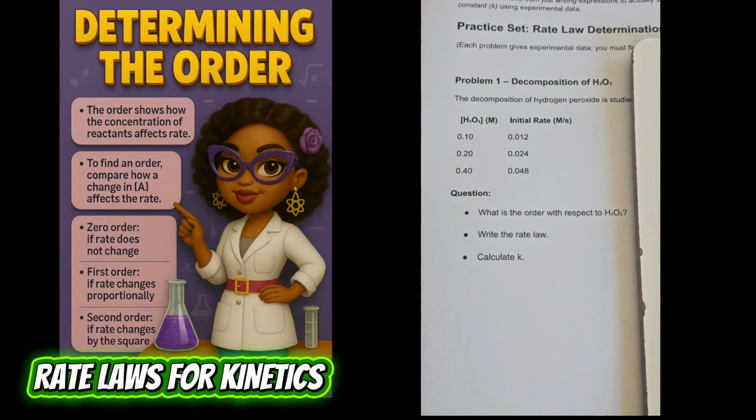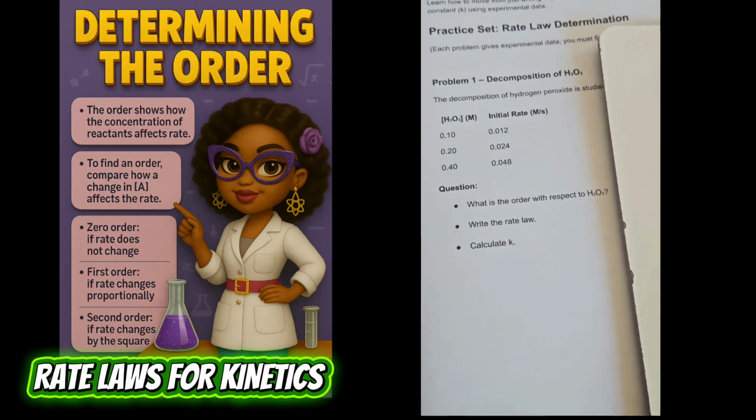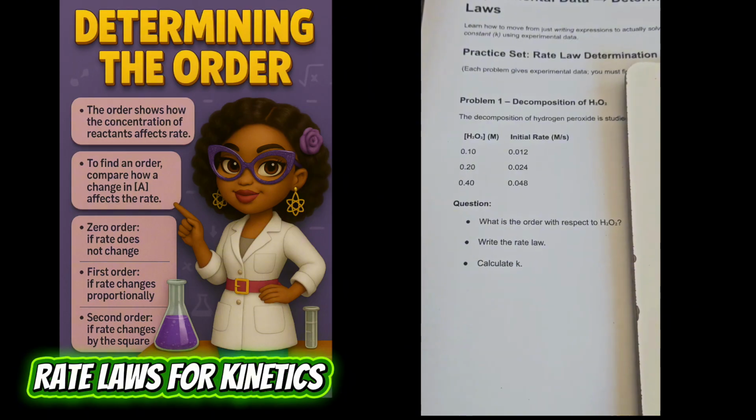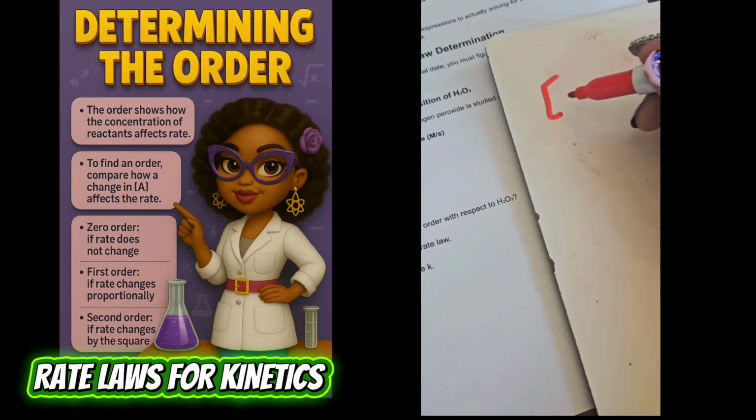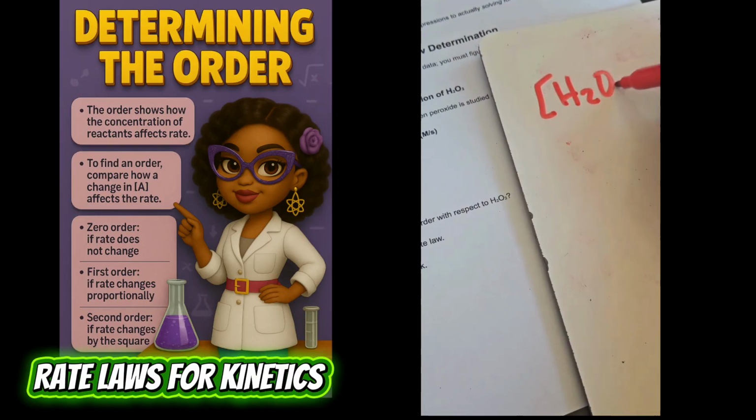Now, because both of those have doubled, we need to write the order with respect to hydrogen peroxide. So over here on my board, I'm going to write the data out so that you guys can see what we're talking about. Right here we've got H2O2.